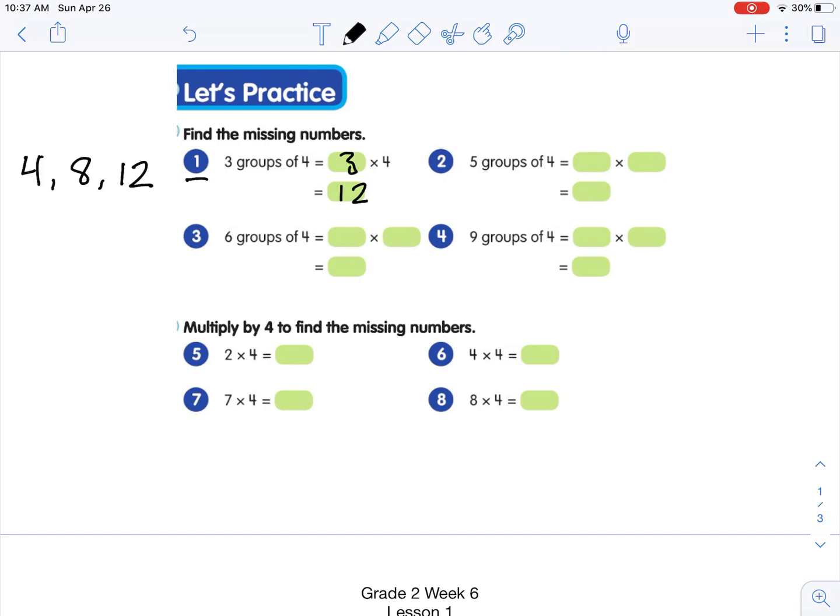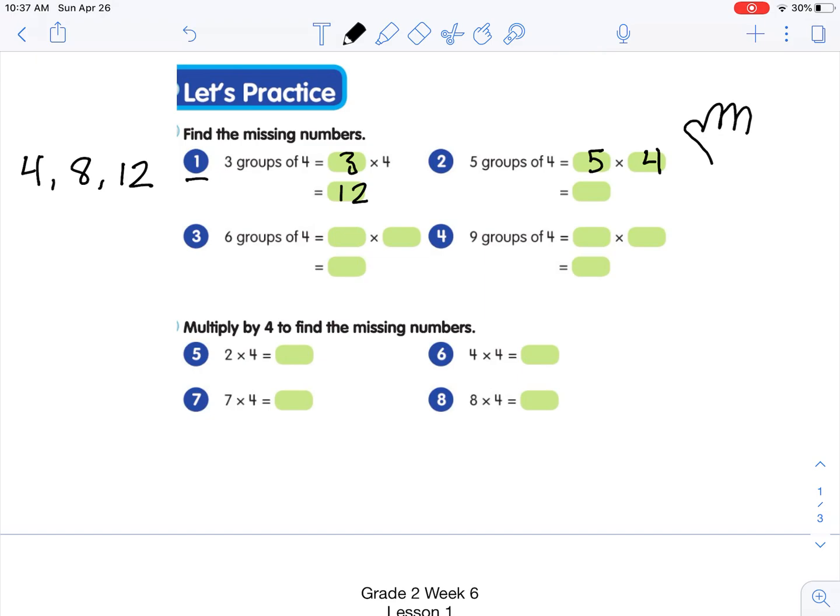Take a look at number 2. Number 2 says 5 groups of 4. What is that multiplication fact going to be? That's right. If I have 5 groups and 4 in each group, that's 5 times 4, which means I'm skip counting by 4 5 times. So think about if you're using your fingers.